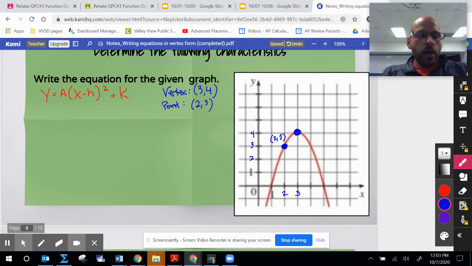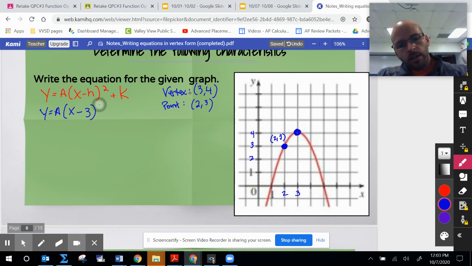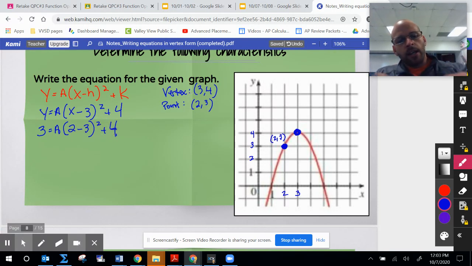So if I write the equation for this quadratic, I can say y equals a x minus, now I'm going to plug in my vertex, 3 squared plus 4. Then I'm going to plug in my point. So the y value of the point was 3. The x value of the point was 2, plus 4 at the end.